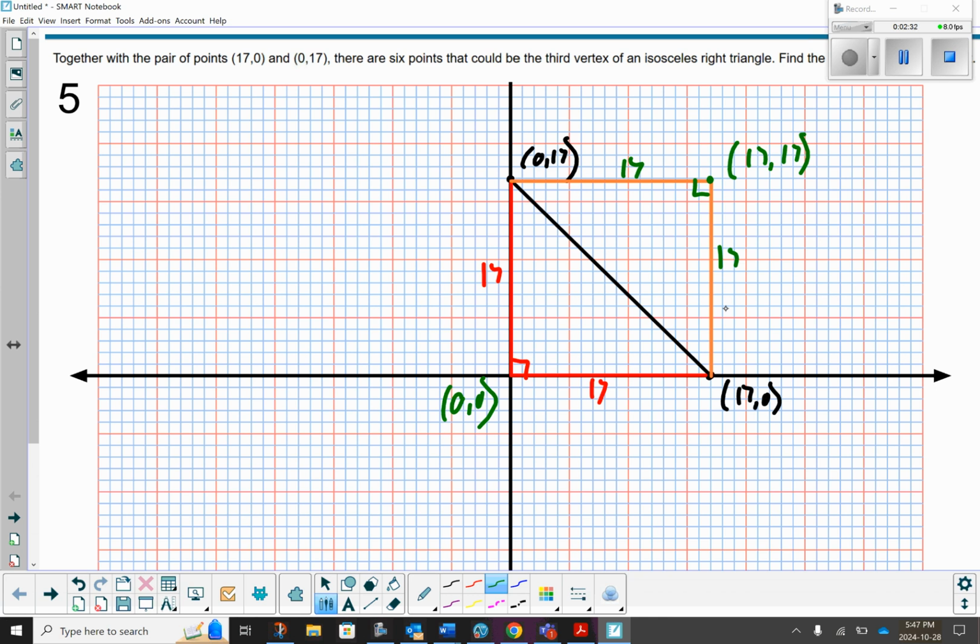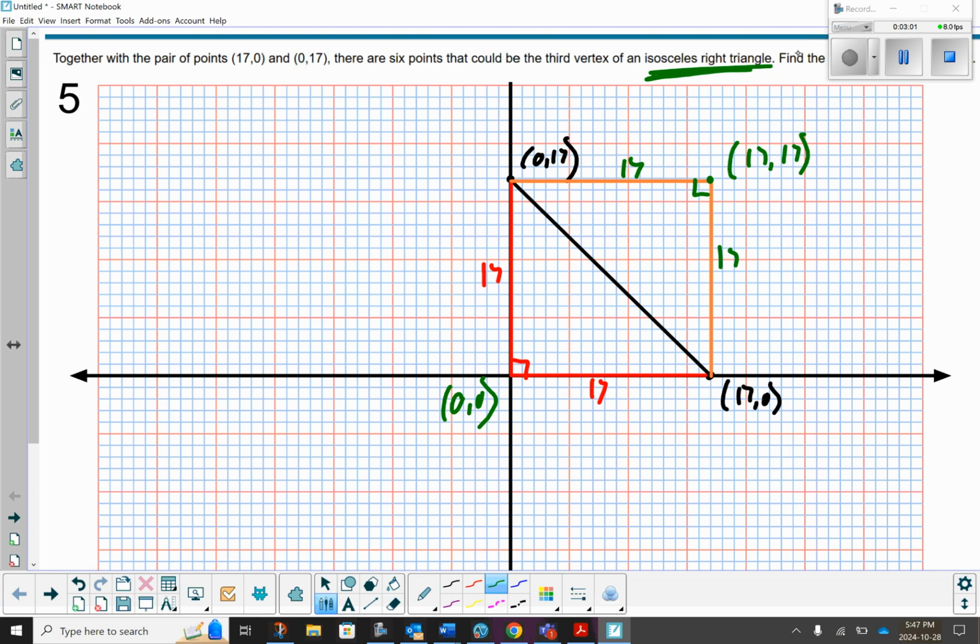Any other way that we can use this as the, no, not as the hypotenuse. Our only other option then, again, if they're telling us that it's got to be an isosceles right triangle, we've got (0, 0) using that given segment as the hypotenuse, (17, 17) as, again, still a hypotenuse.